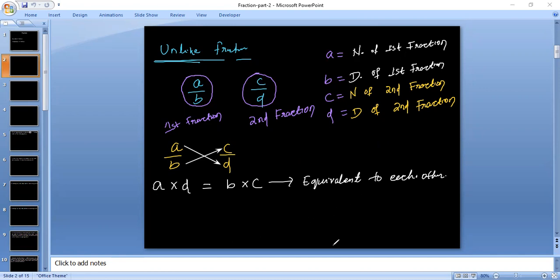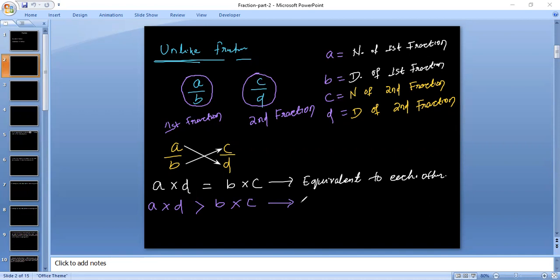So if you find A into D, the numerator of the first fraction into the denominator of the second fraction, is greater than B into C, the denominator of the first fraction into the numerator of the second fraction, what do you conclude?